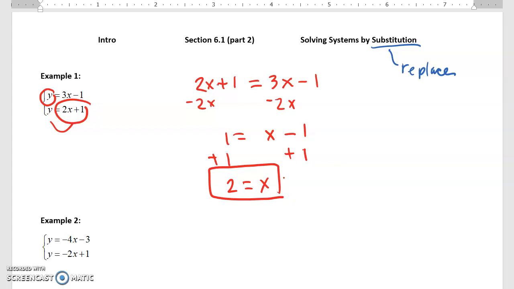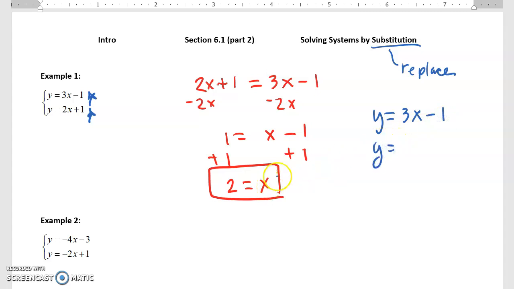So this is great. I got the value for x, which is 2. I'm not done yet, though, because now I need to get the value for y. I can pick either of these two equations to get my y value, so I will show you both just for the sake of argument.